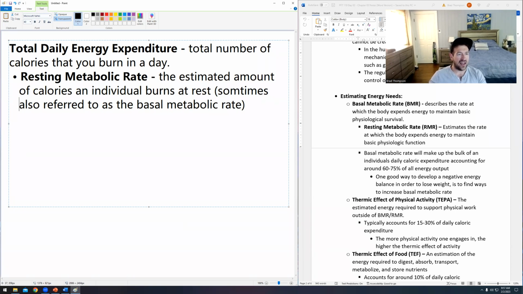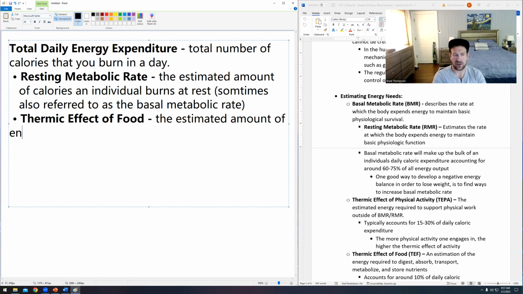Then we've got the other part that makes up our total daily energy expenditure. We've got our thermic effect of food, the estimated amount of energy from processing and digesting food. So that's a really big one.